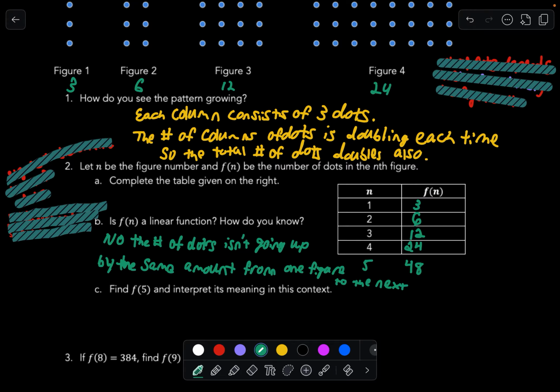We're not adding the same number. Okay? Because of that, it is not linear. However, we do know what kind it is. It's geometric, because we're multiplying by 2 each time, but we're going to get into that.